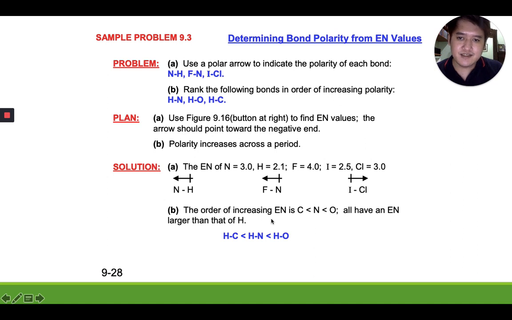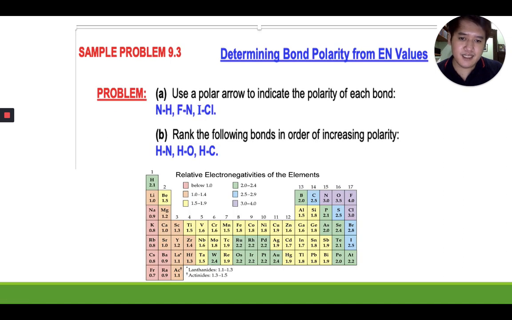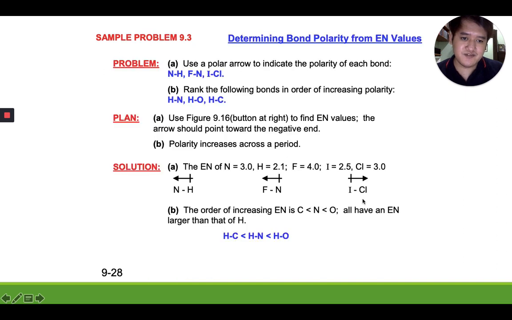For letter D, in order of increasing electronegativity, if you look at the trend, C and O, the electronegativity increases from left to right. So C and O are arranged according to increasing electronegativity, and they are all paired up with hydrogen, if you've noticed.